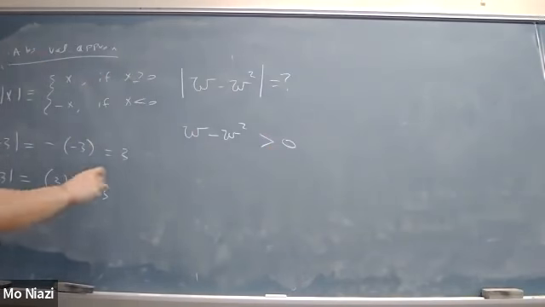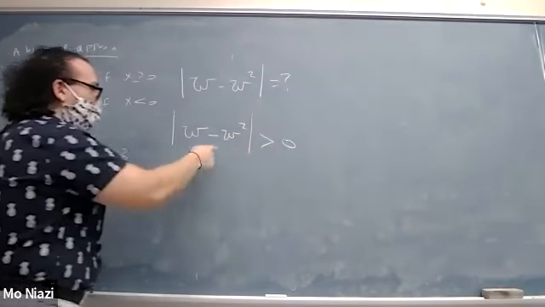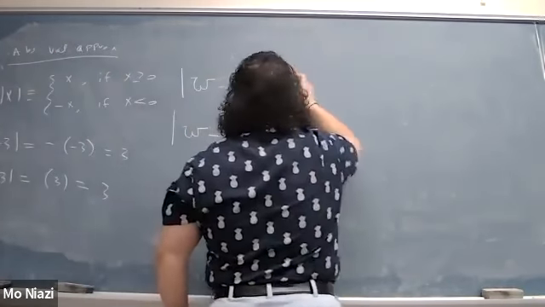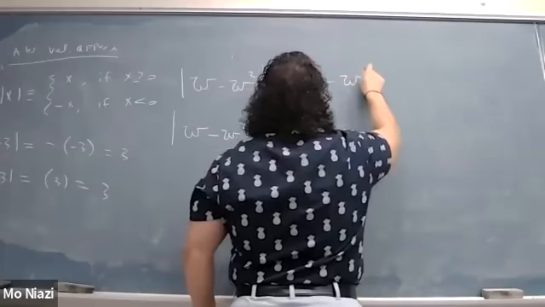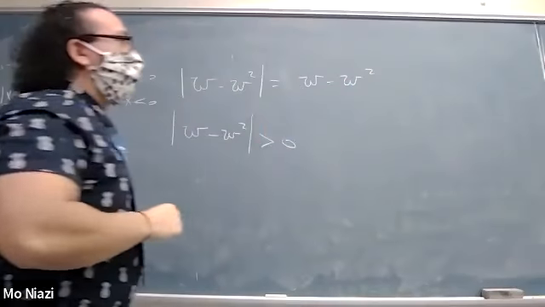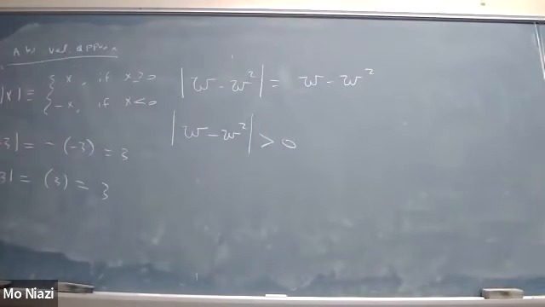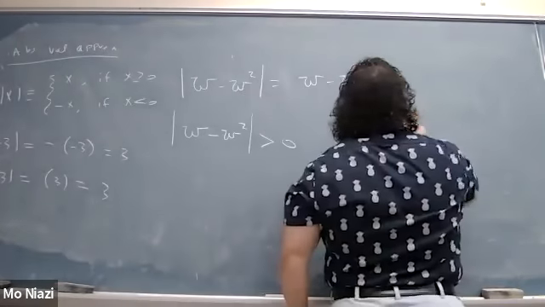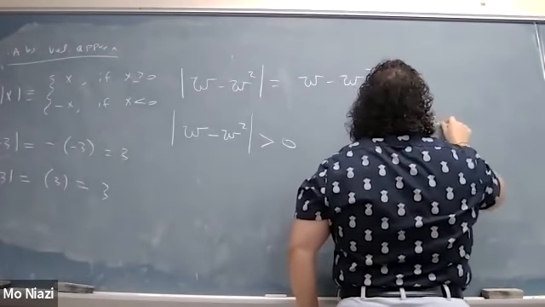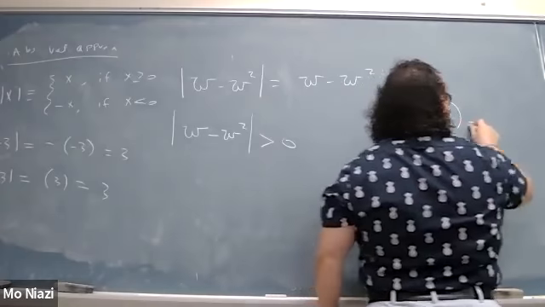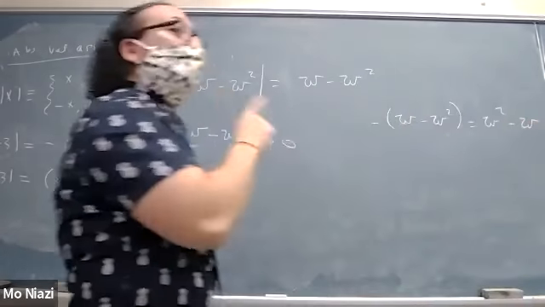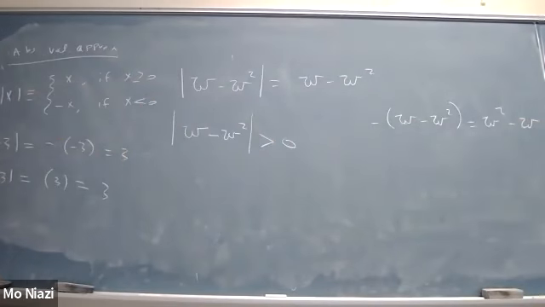So when we take the absolute value of a positive number, by the absolute value definition, this is just equal to this. But you have to tell me why. If you don't tell me why, then you can't say that that's true. Because if it were negative, which it's not, but if it were negative, then it should equal this, which then equals this. It's not, but if it were, that's what you have to do.